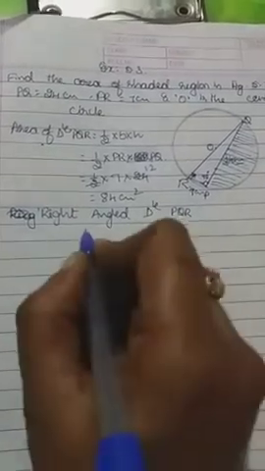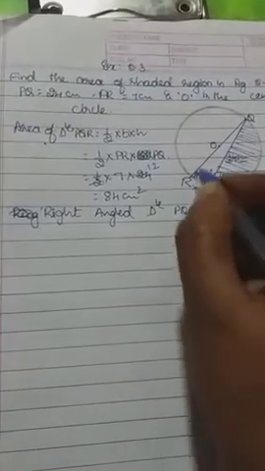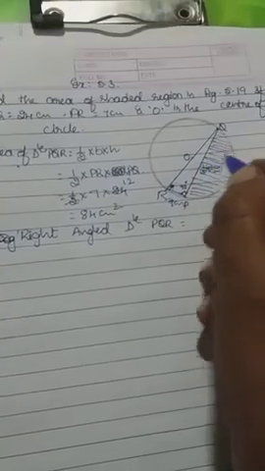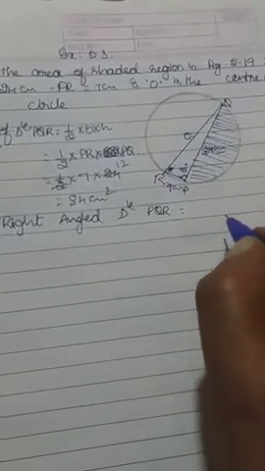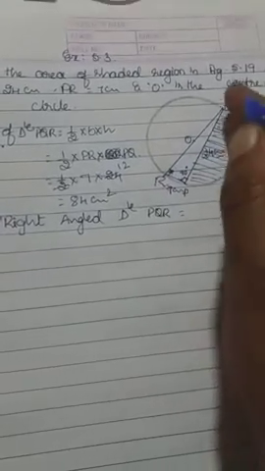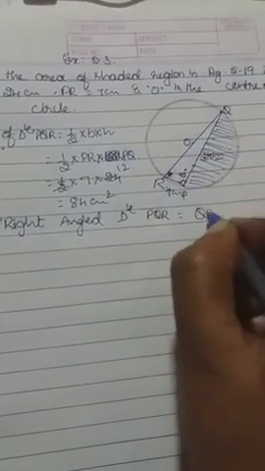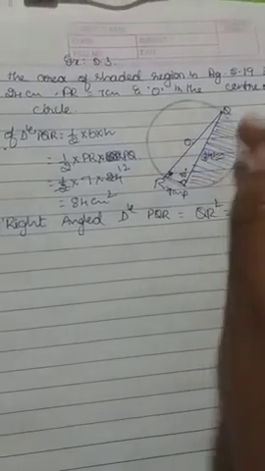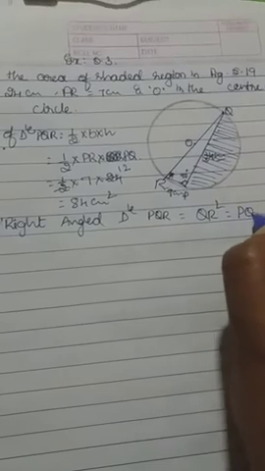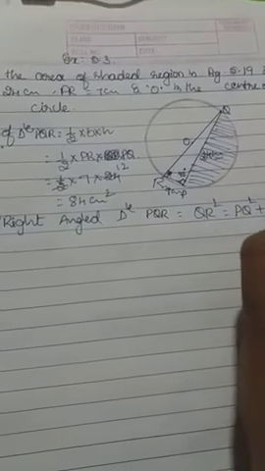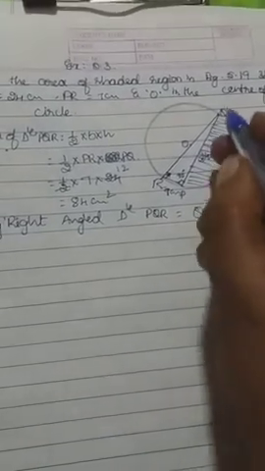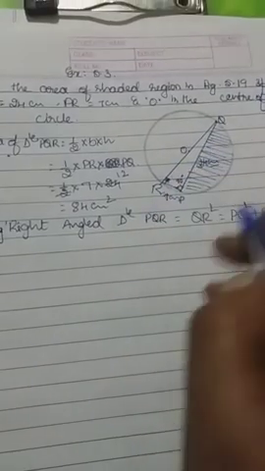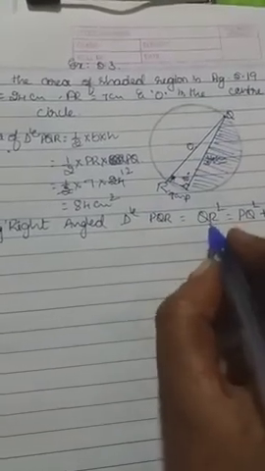According to the Pythagoras theorem, the square of the hypotenuse is equal to the sum of the squares of the other two sides. Hypotenuse is nothing but QR, so QR square equals PQ square plus RP square. QR is what we want to find.